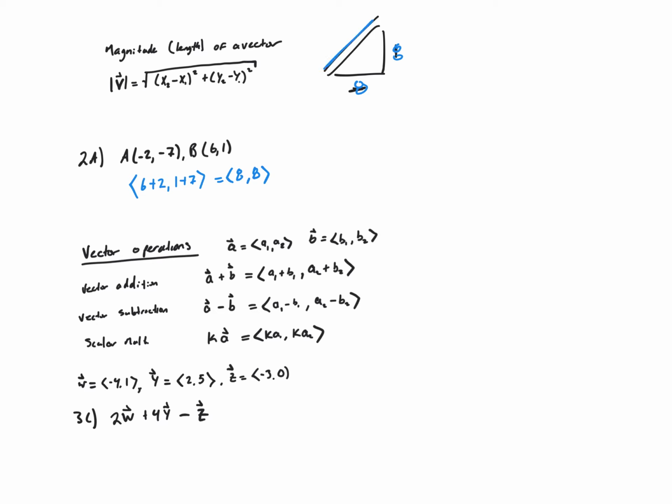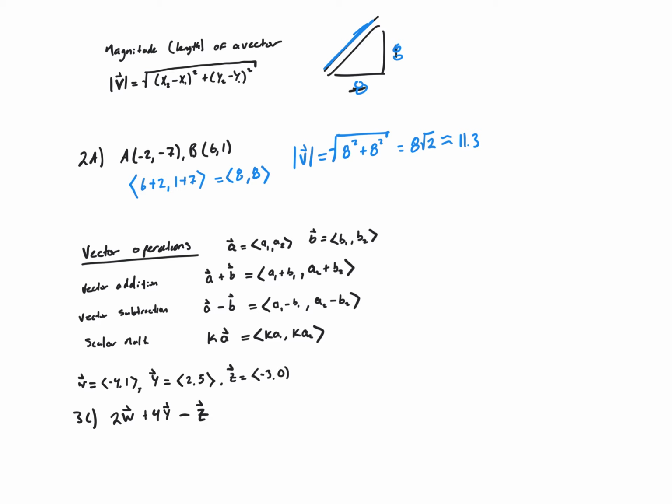So this hypotenuse length, which is going to be the magnitude denoted like this of the vector v, is going to be the square root of 8 squared plus 8 squared. Or it's just going to be 8 square roots of 2, which is approximately 11.3.